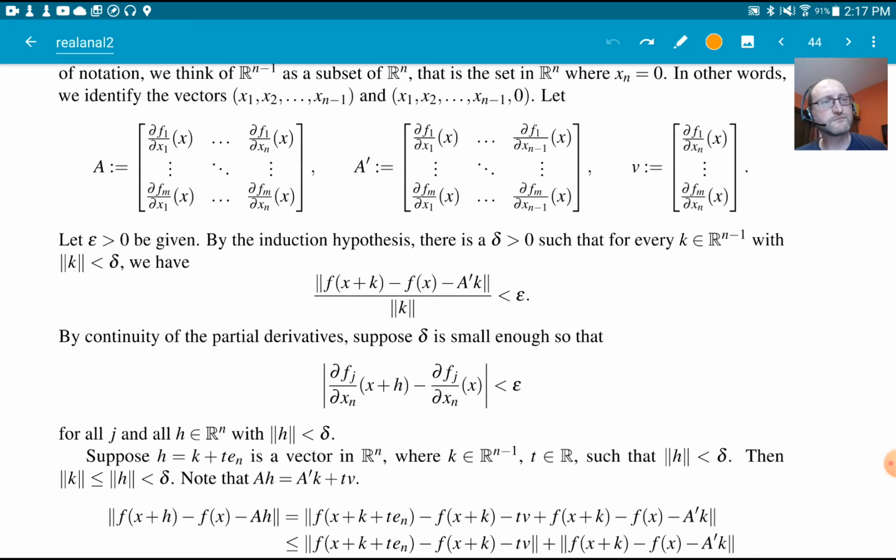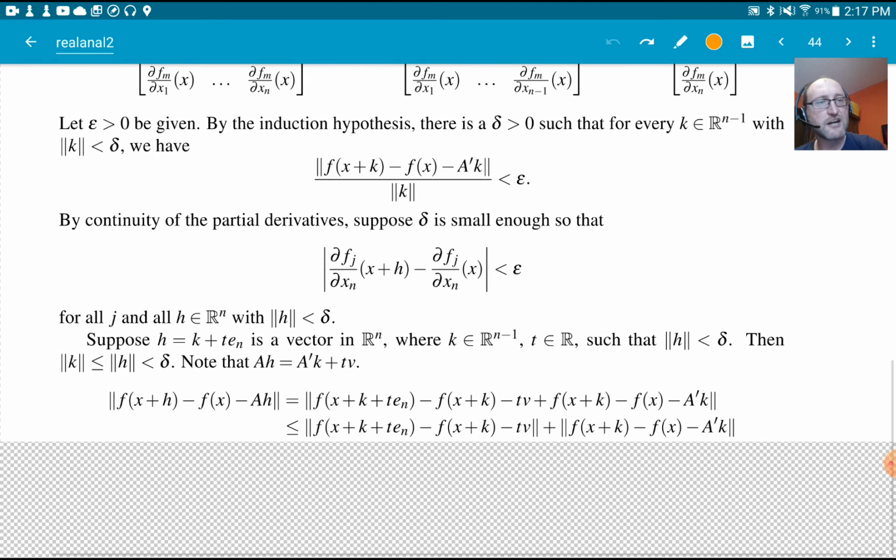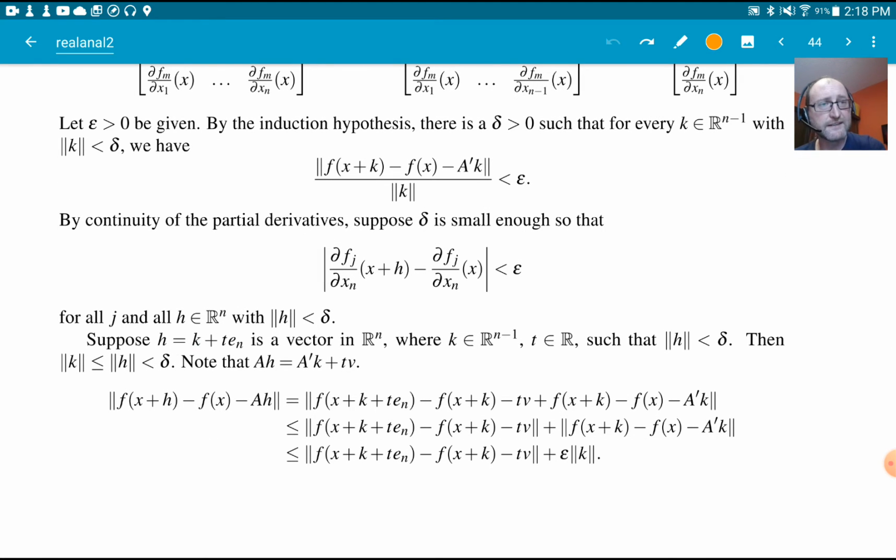All right, now if we have a vector in R^n, what we could do is write it, and this is where I'm using this identification again. k is a vector in R^(n-1), so really a vector (k, 0) in R^n, with n-1 components and 0, plus t, whatever is going to be the last component.